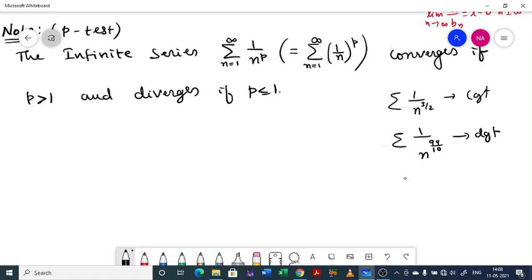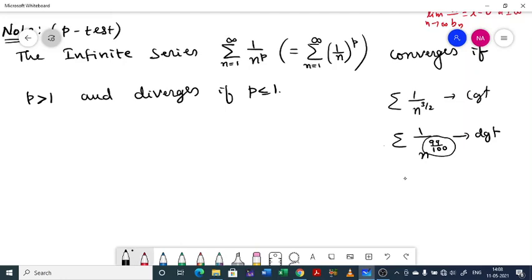So you just have to look at the power of n. If that number is strictly greater than 1, then the series converges. If it is less than or equal to 1, then the series diverges. This is the most important series that we are going to use for the comparison test.